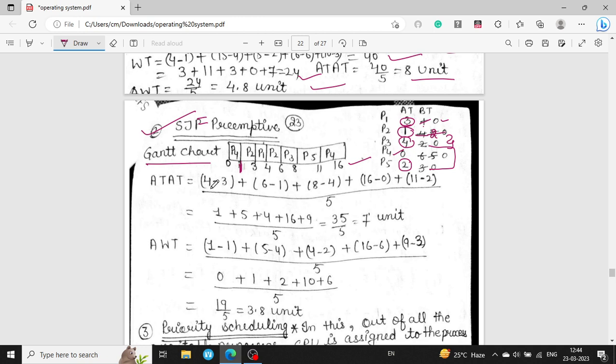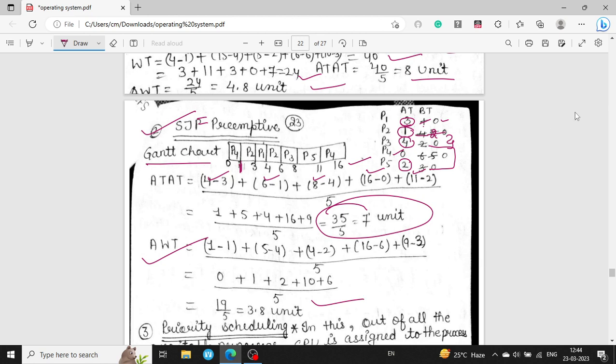You can see here the total time of P1 is 4, P2 6, P3 8, P4 16, P5 11. Now subtract their arrival time and you will find the average turnaround time. For average waiting time, completion time minus burst time, you will find 3.8 units.